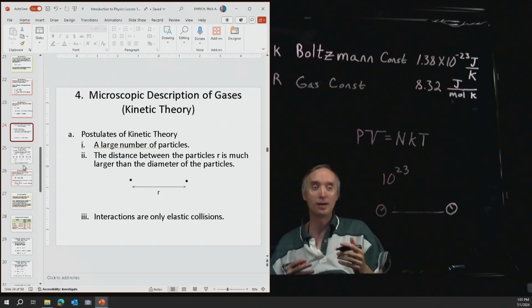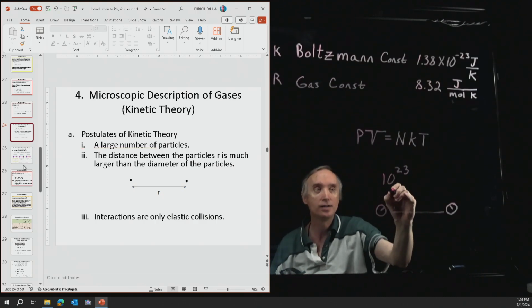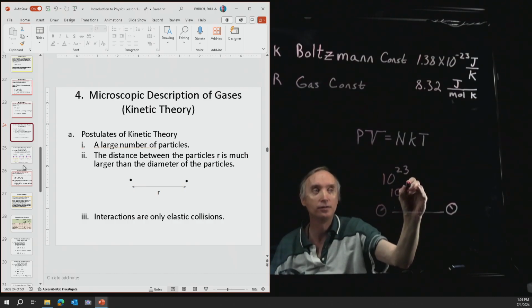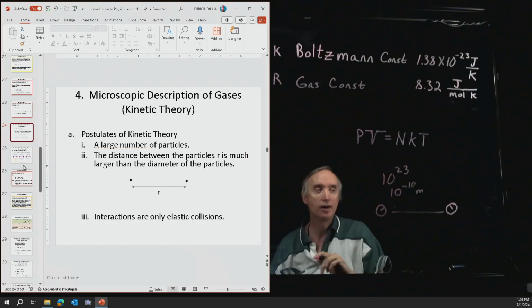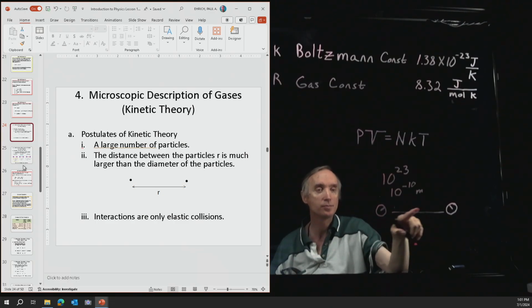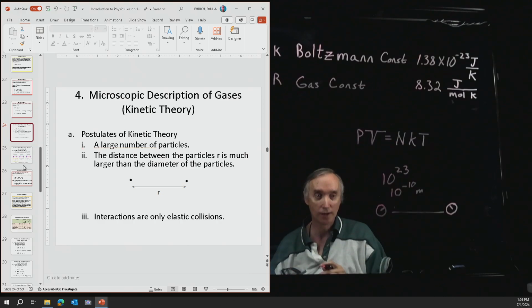And again, think about the size of an atom. The size of an atom is like 10 to the negative 10th meters in diameter. It's teeny tiny. Now let's think about the distance between gas particles in the air around you.